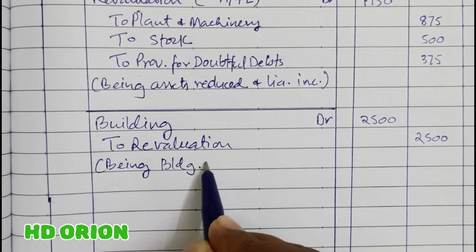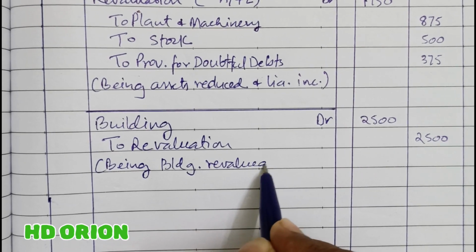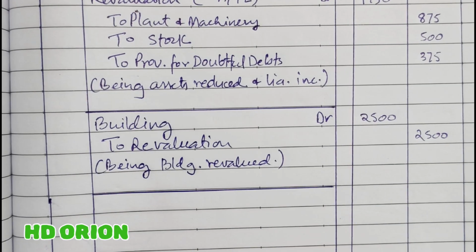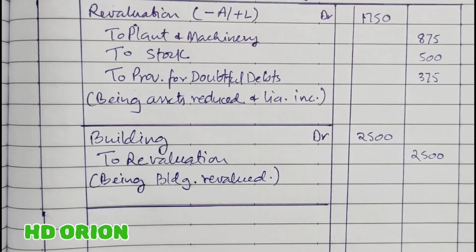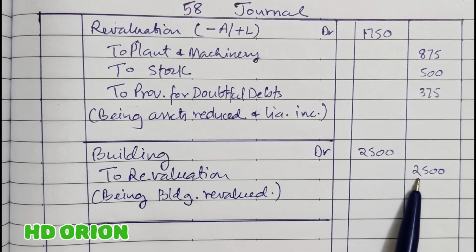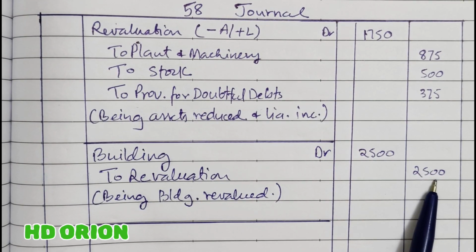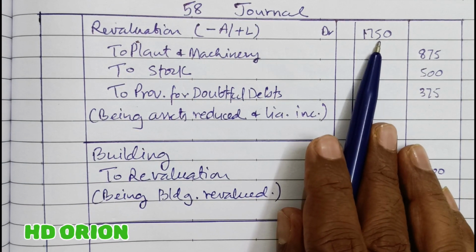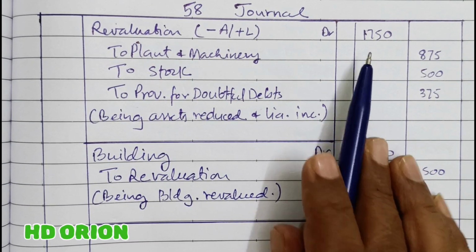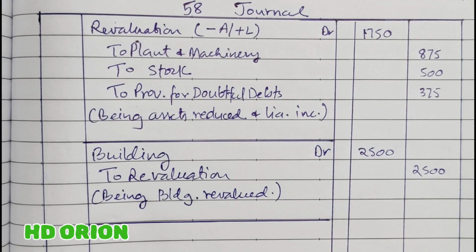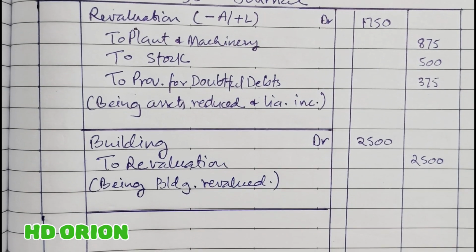Being building revalued. Now see, revaluation account is credited with rupees 2,500 and debited with rupees 1,750. It means there is a credit balance of rupees 750, which is a profit on revaluation.